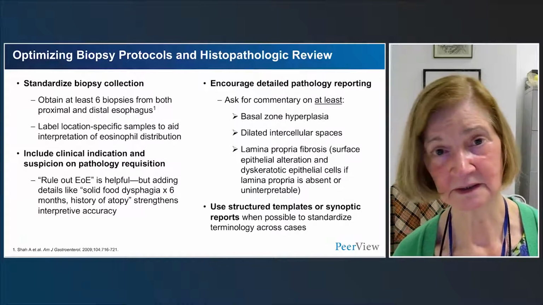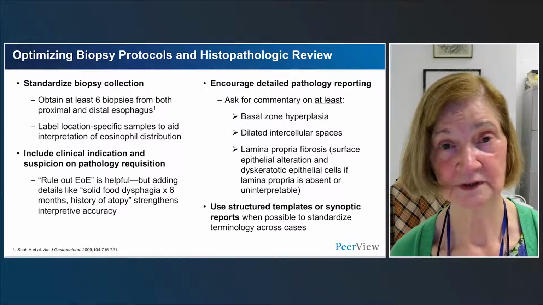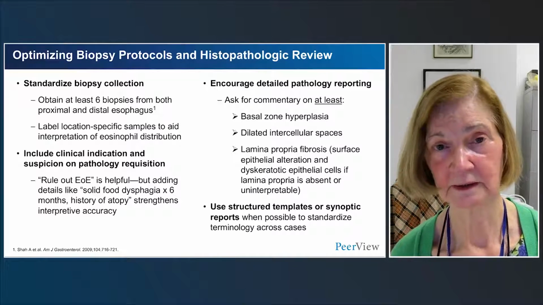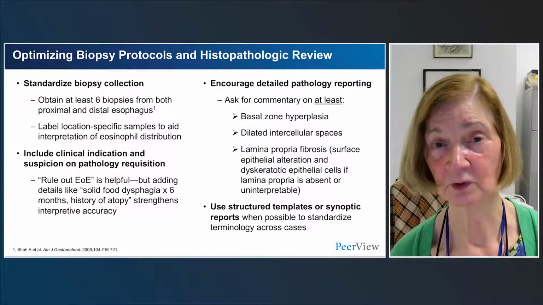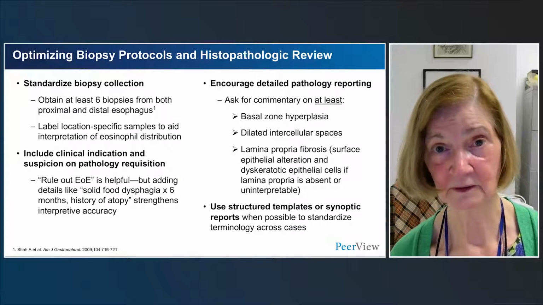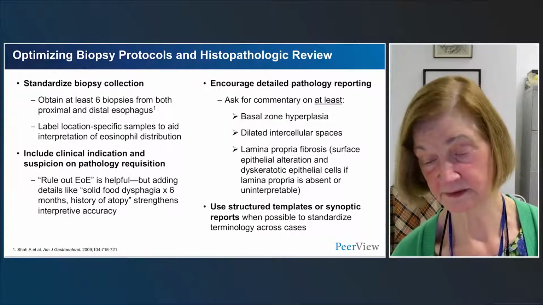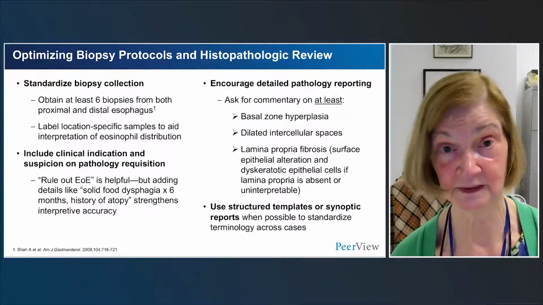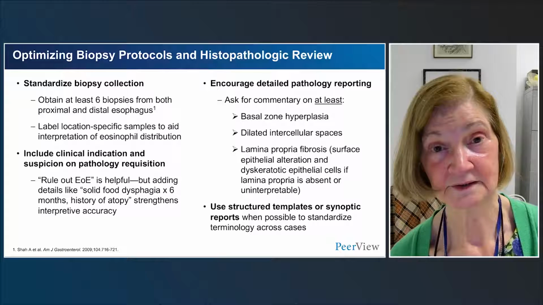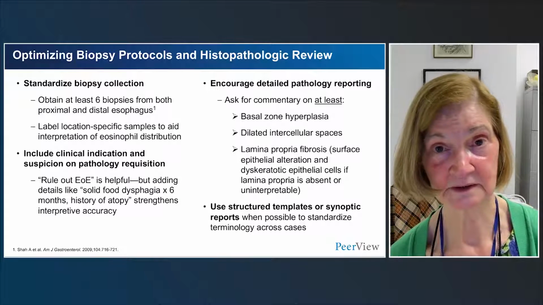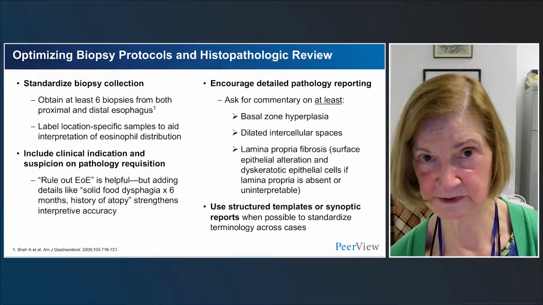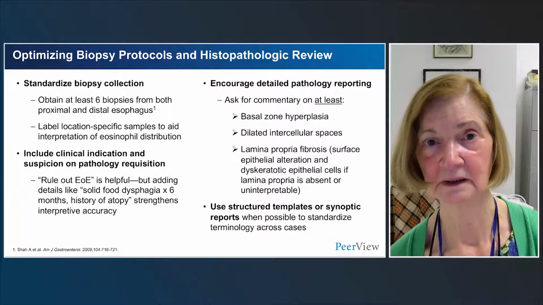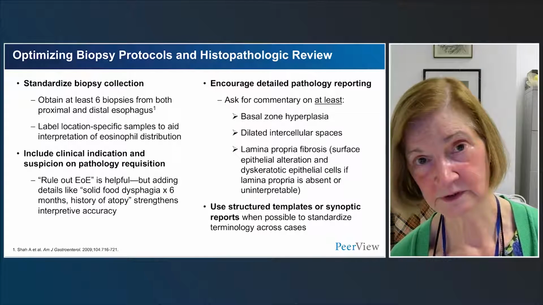The scoring can be done dichotomously, present or absent, but it really is a good idea to look for all 8 abnormalities. Most of the time, as I said before, lamina propria isn't there or else can't be evaluated, so then it's down to 7. And the eosinophil inflammation is based on the peak eosinophil count, which should be obtained already. So now we're down to 6.